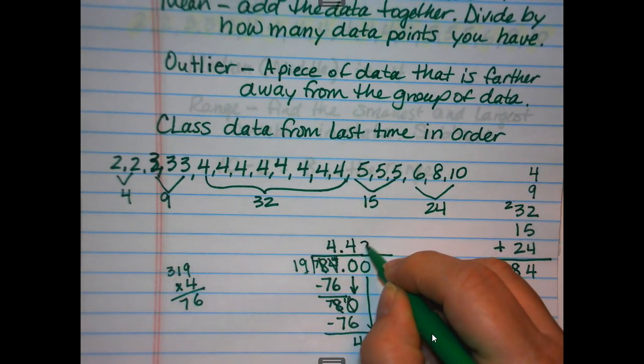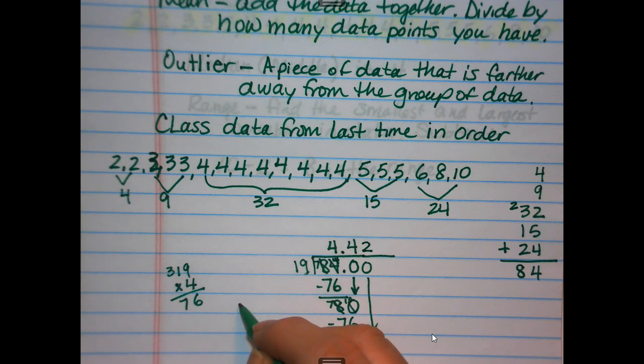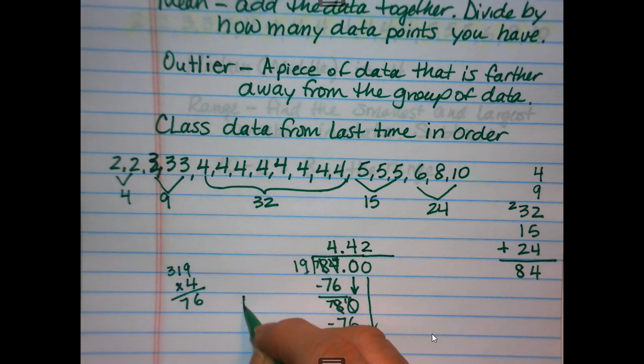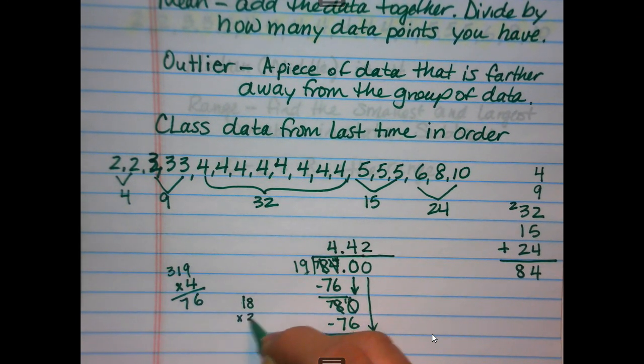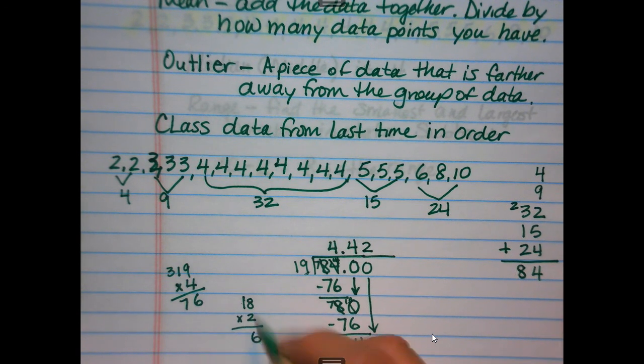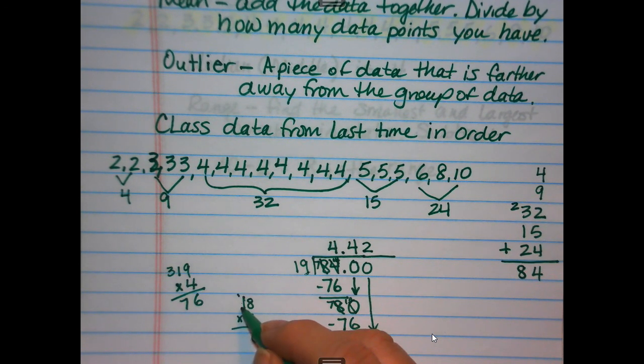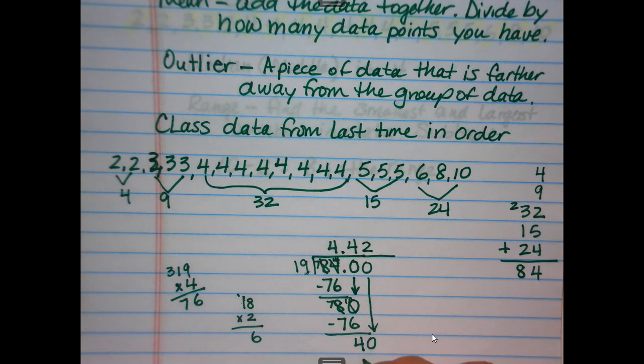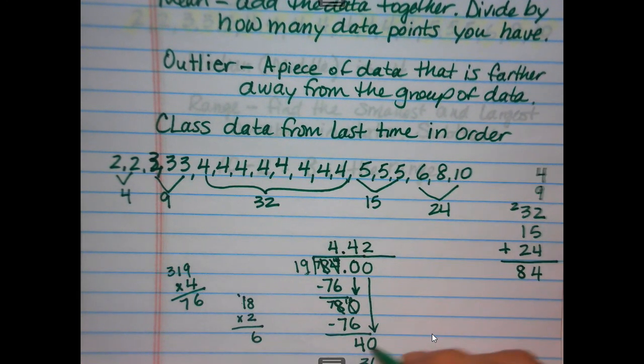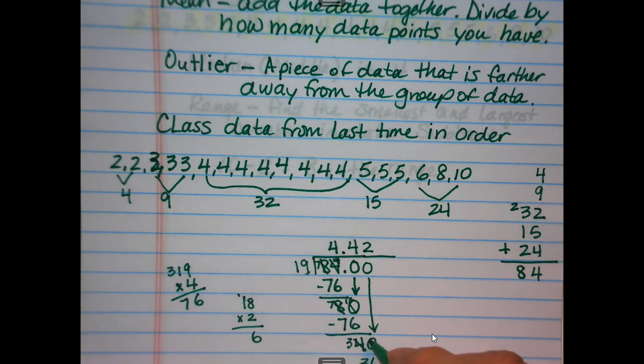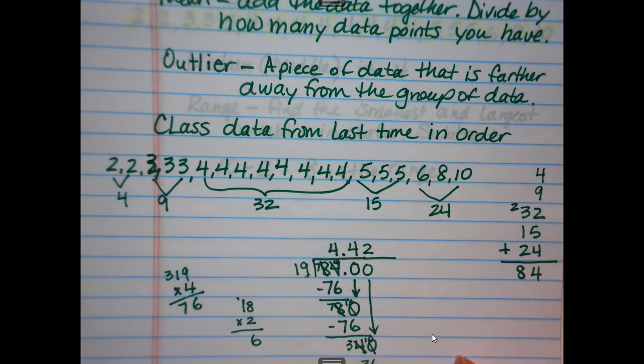And I'm going to put a 2 up there, because if I go over here and I do 19 times 2, I get 38. And I can do some math here. Again, we're always doing math. 10 subtract 6 is going to give me 4 again.